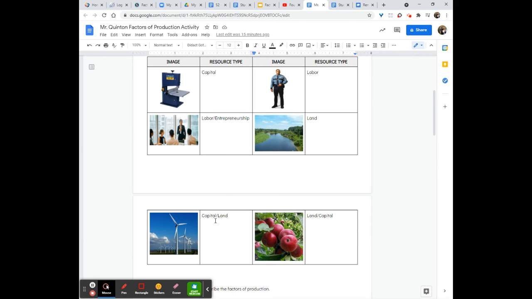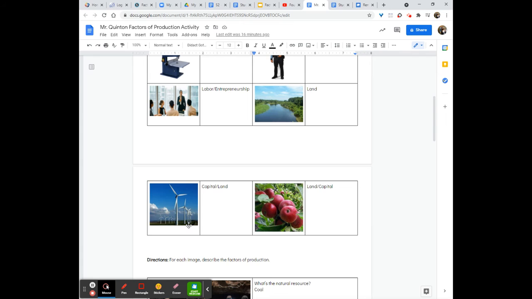So again, here, you might say, well, this is all the land that people are using. You know what? That is land. So that might be correct. Some people might sit there and go, but see, we're talking about the big wind farm here, and that is capital. That's stuff you're going to need to run that business of making power. So they put capital there.